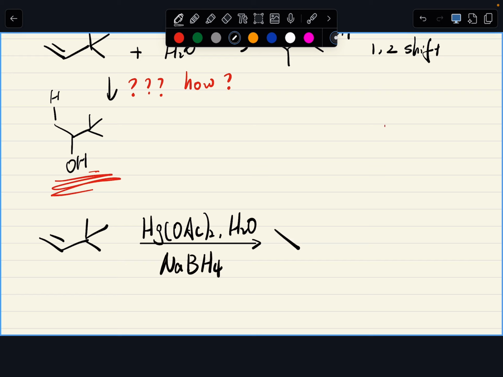Our product will be an OH group on the secondary position, following the Markovnikov regioselectivity. In this case, water is the one we add onto. We end up having water added onto the double bond. The mercury and the NaBH4 are my catalyst.